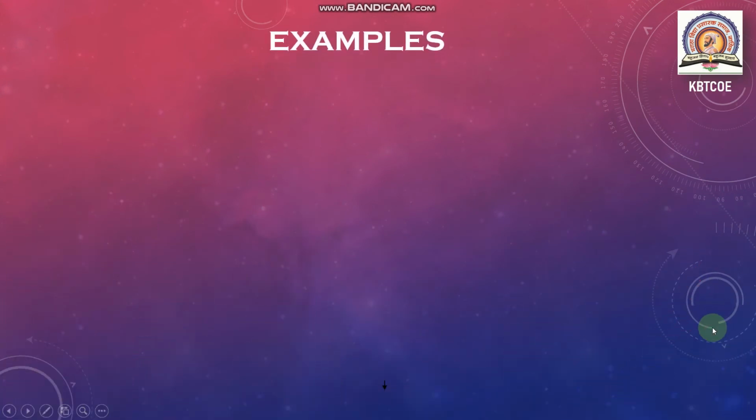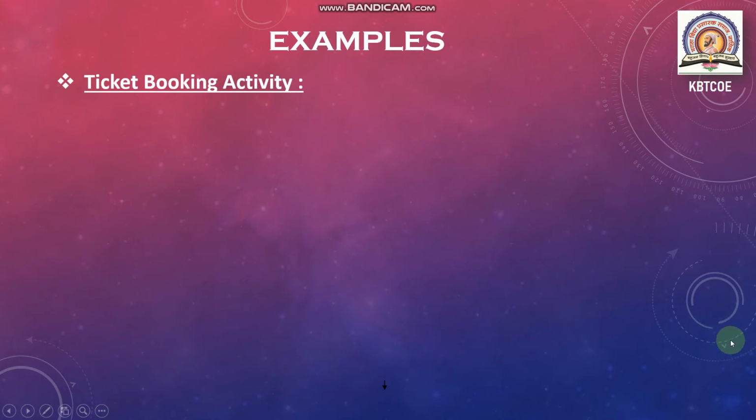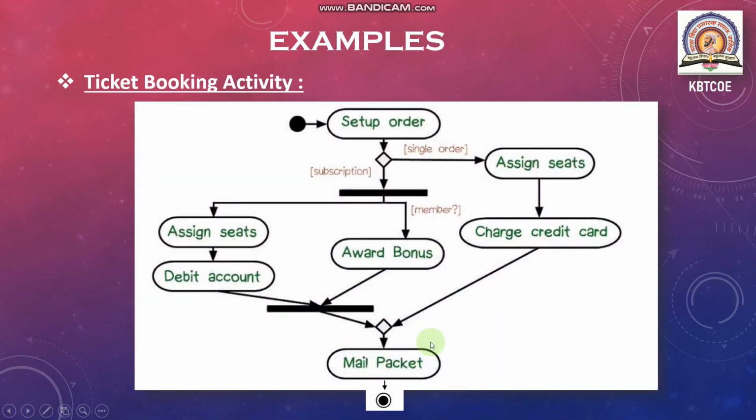Now let's see some examples of activity diagram. Let's take the first example, ticket booking activity. Here is given an activity diagram for a ticket booking activity. The starting point, that is the solid black circle, indicates the starting of our activity diagram. And then comes the first activity, set up order. Then comes the decision diamond.